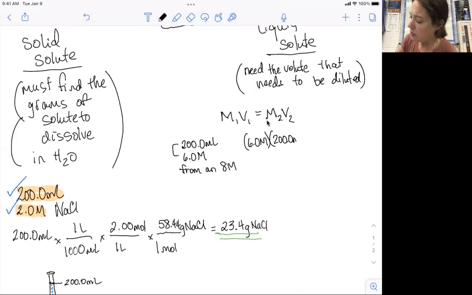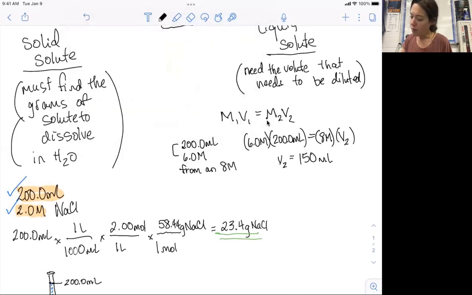It doesn't matter that my volume is in milliliters, as long as the units are the same on both sides. I will set that equal to my 8 molar, and then solve for the volume I need. 6 times 200, divided by 8, gives me a volume of 150 milliliters.